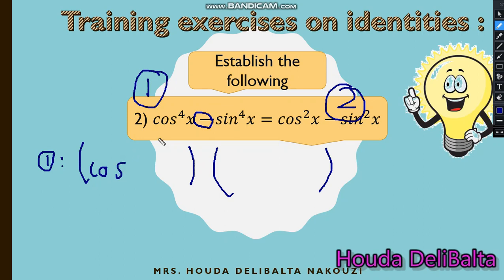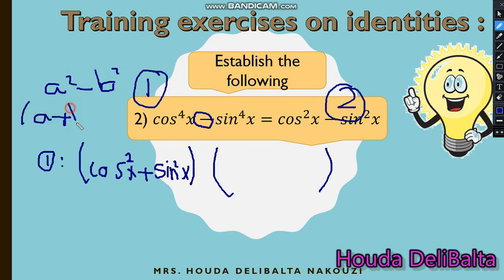Cosine power 4 will be divided by 2, then I will get cosine squared x plus sine squared x. As you know, the difference of two squares will give me a plus b. If you remember, a squared minus b squared will give me a plus b into a minus b.